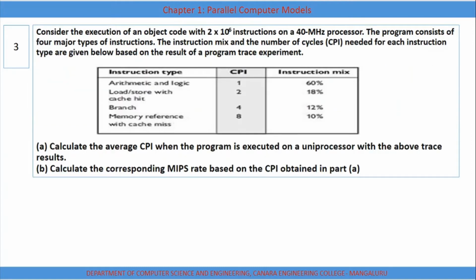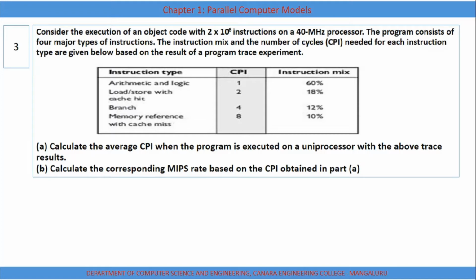Next question. Consider the execution of an object code with 2 into 10 raised to the power 6 instructions on a 40 MHz processor. The program consists of 4 major types of instructions. The instruction mix and the number of cycles (CPI) needed for each instruction type are given below, based on the result of a program trace experiment.